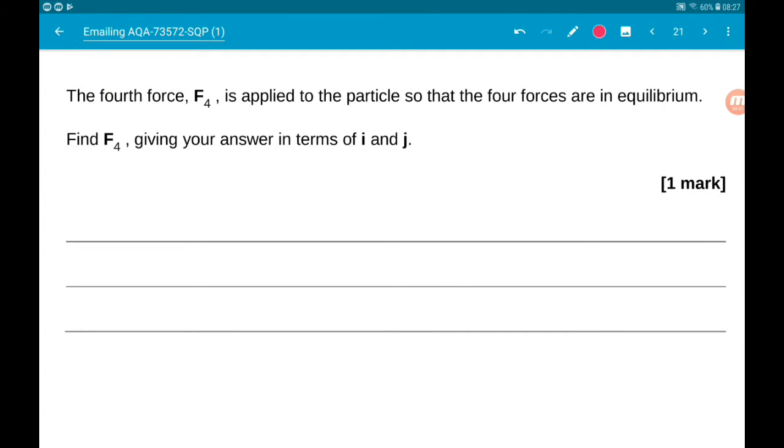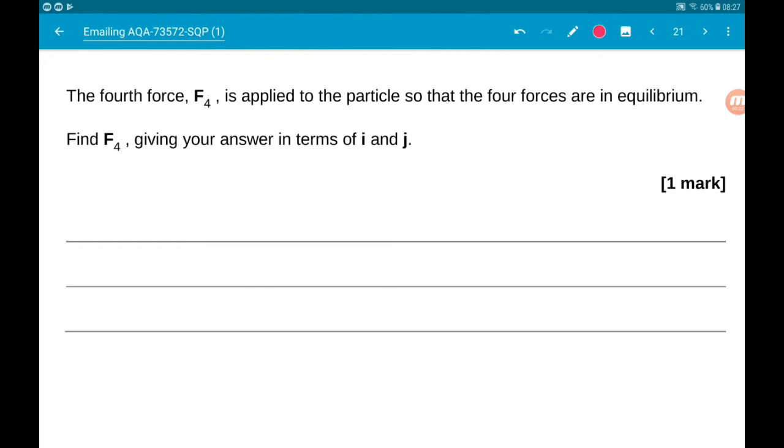Okay, then for the next part, a fourth force F4 is applied to the particle such that all four forces are in equilibrium. We want to find F4, giving our answer in terms of i and j.